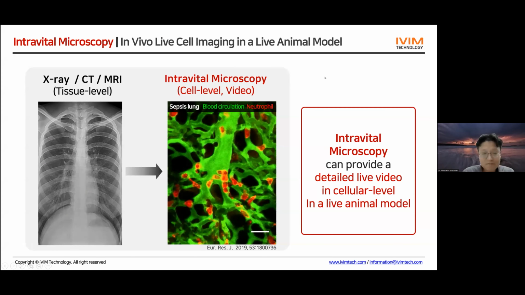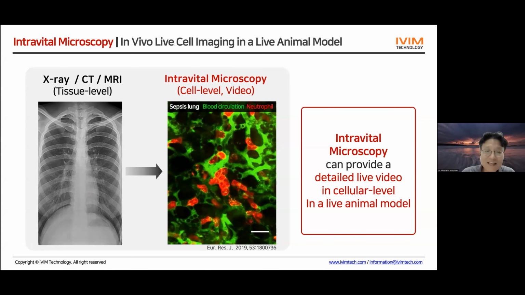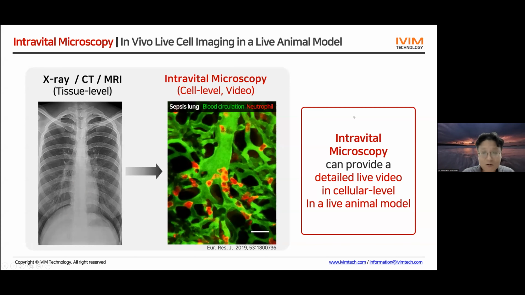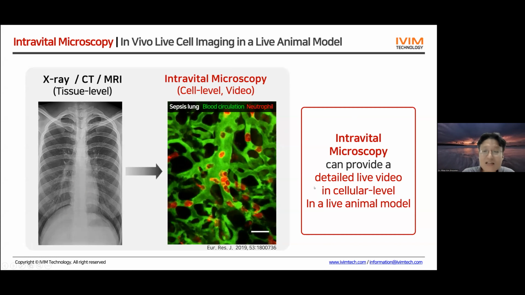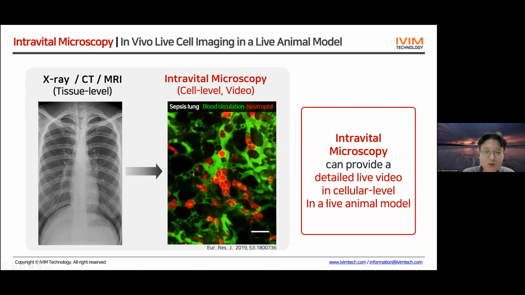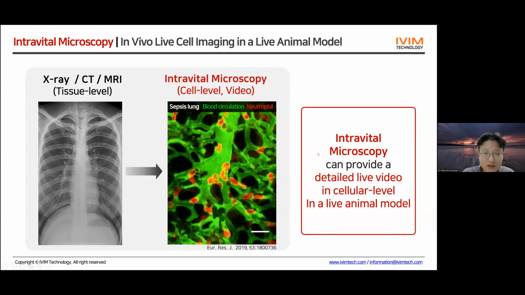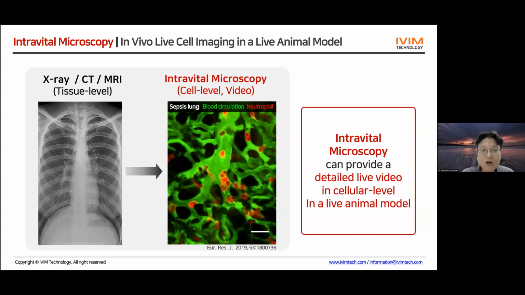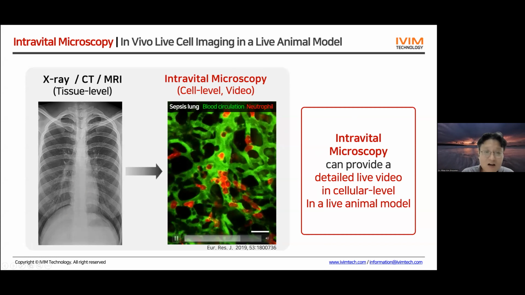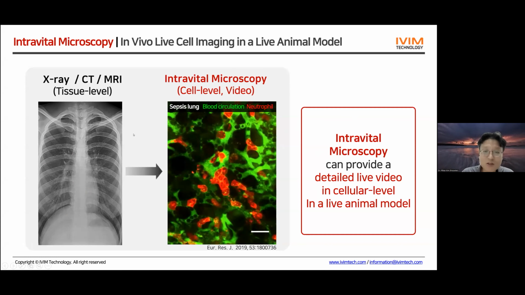As many of you may know, intravital microscopy is a very useful technique that can provide a direct, detailed live video at the single cellular level in a live animal model. In this example, in the middle, this is the time-lapse video obtained from the lung of a sepsis mouse model.